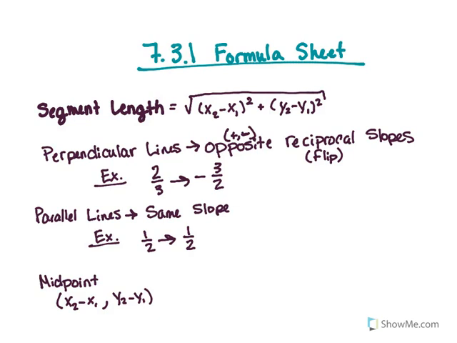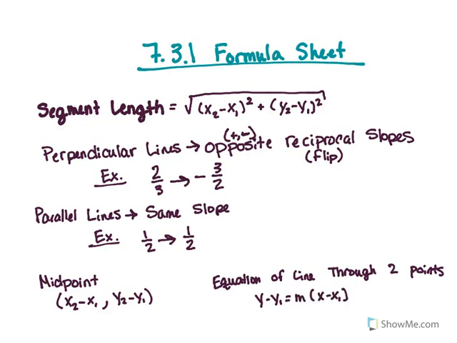If you need to find the equation of a line passing through 2 points, that is going to be y minus y1 equals m times x minus x1. And you guys have used that a bunch this year already, and you learned it in algebra, so you should know how to use it.